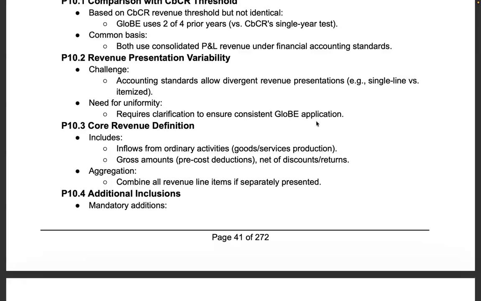So to consistently apply the GloBE rules, the need for uniform presentation has to be considered, and it would become even more complex for much larger groups that are there across the world. If you talk about UAE, for example, there are huge companies that operate here.